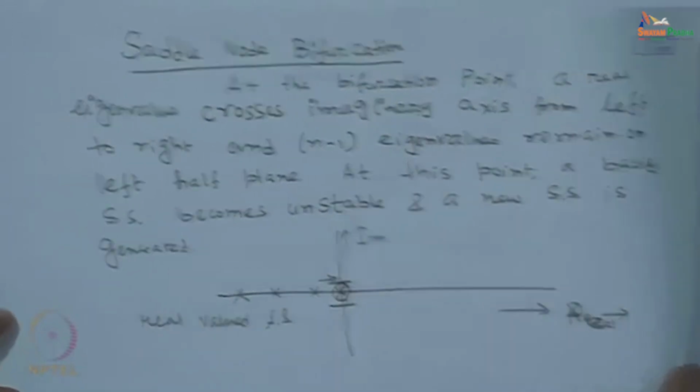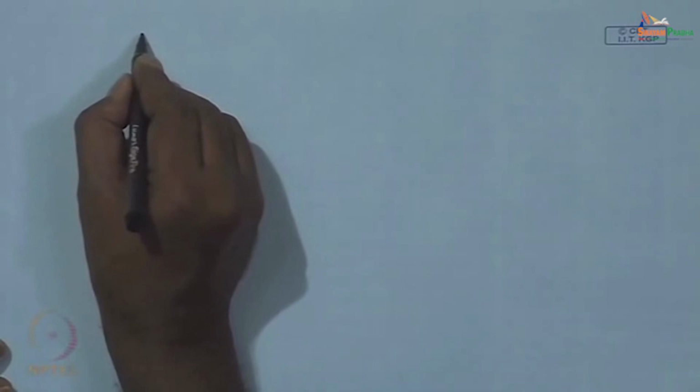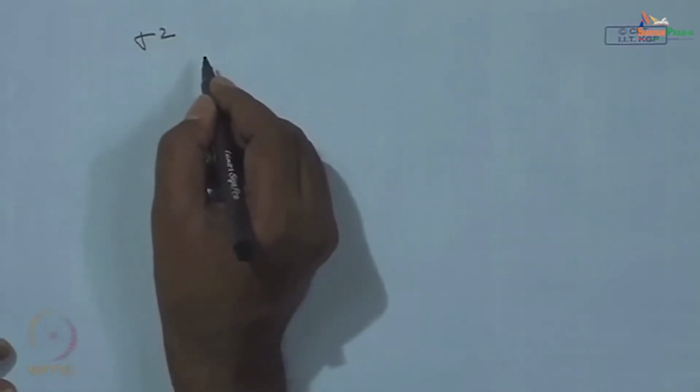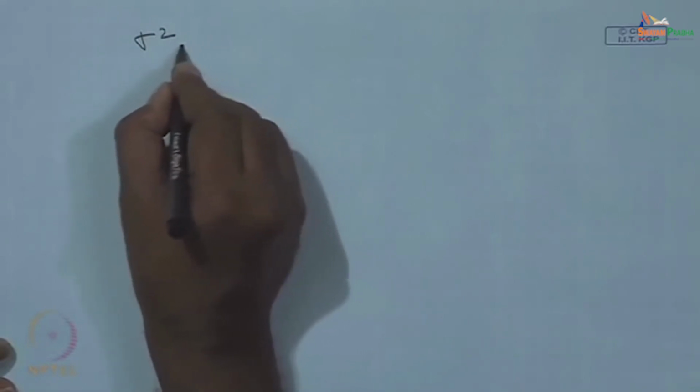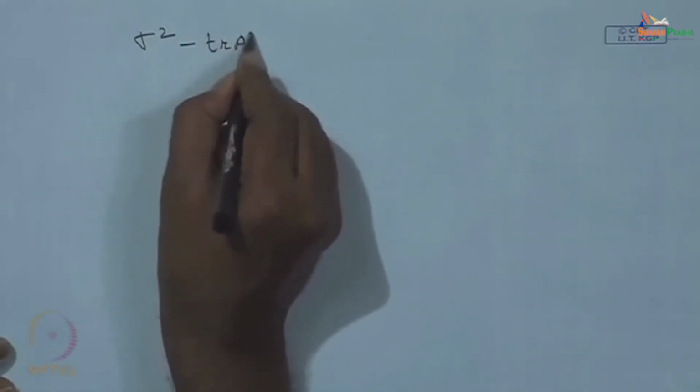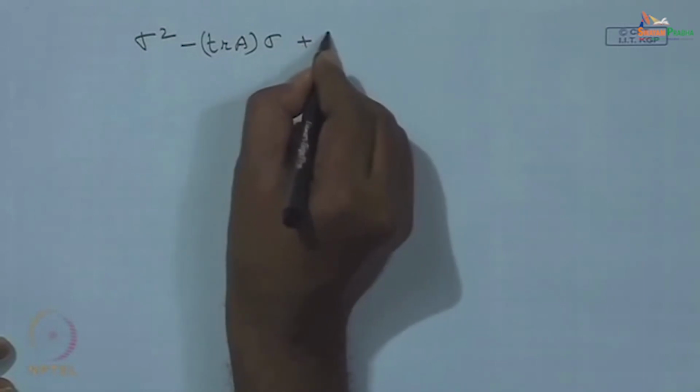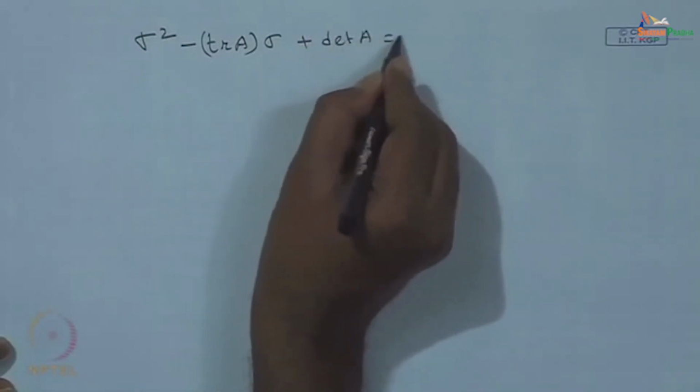So, what is the saddle point? If you look into the equation for the eigenvalues of a two-dimensional process, sigma square minus trace of A times sigma plus determinant of A should be equal to 0.